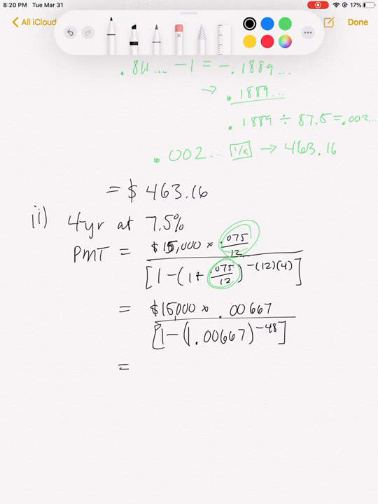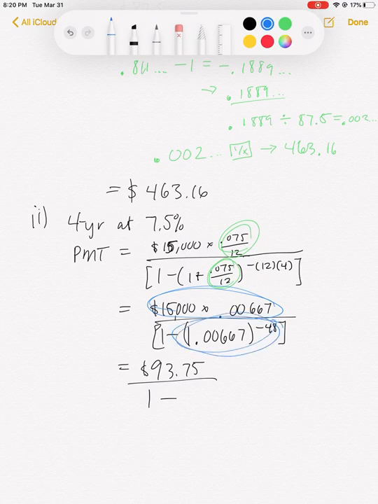Okay. Now calculating this, I'm going to do this top one. Okay, this top one is going to give me, on my calculator, 93.75. And on the bottom, I'm going to do 1 subtract, and now I'm going to calculate this one right here. And that number to the minus 48 power is 0.742, about. It goes on forever, of course.